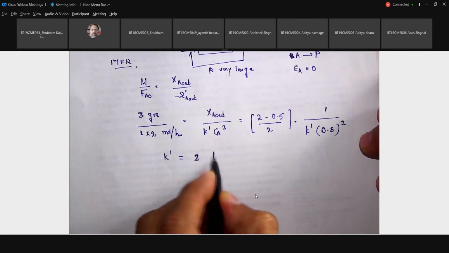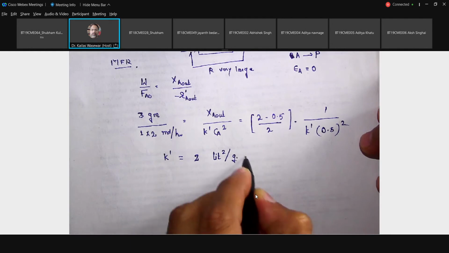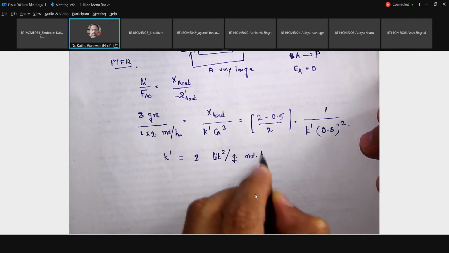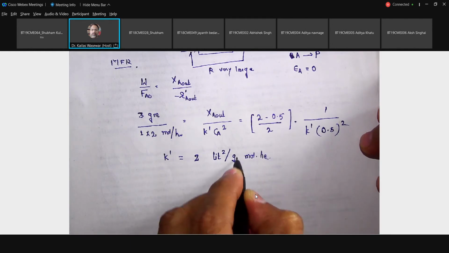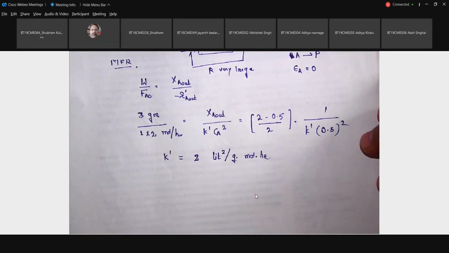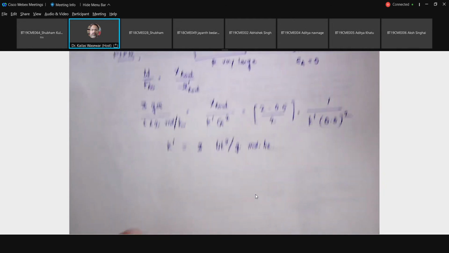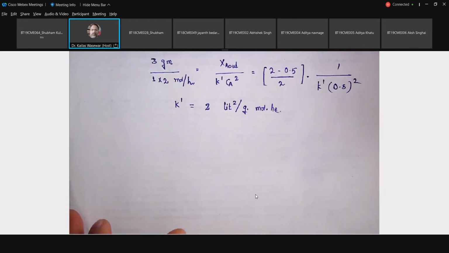It is liter square per gram per mole hour, where the gram is gram of catalyst and the mole is mole of reactant. So without unit, this has no meaning. Remember, if you do not write the units, the answer will be simply 0.